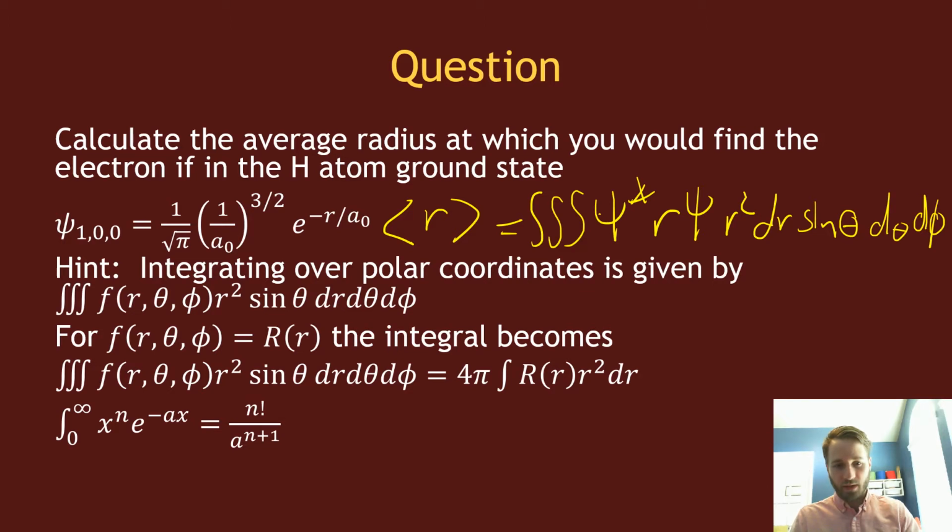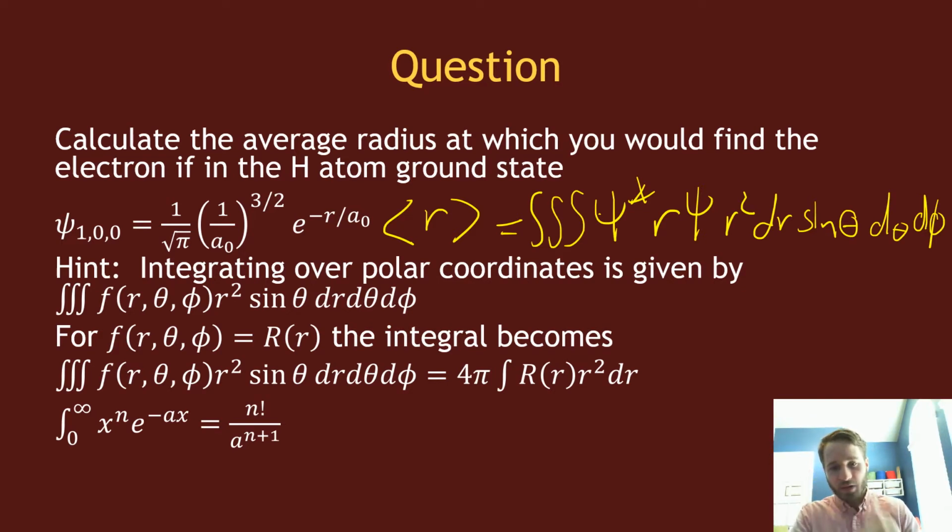The other note here is that if our wave function just depends on r, which this does, then this integral simplifies down to just 4 pi times the integral of the radial part of our wave function, which I'll call f of r, squared, times r squared dr. So basically the theta and phi parts simplify out and just give us a factor of 4 pi.